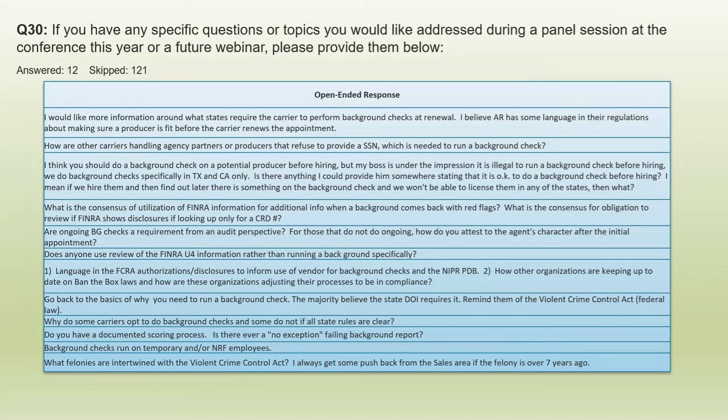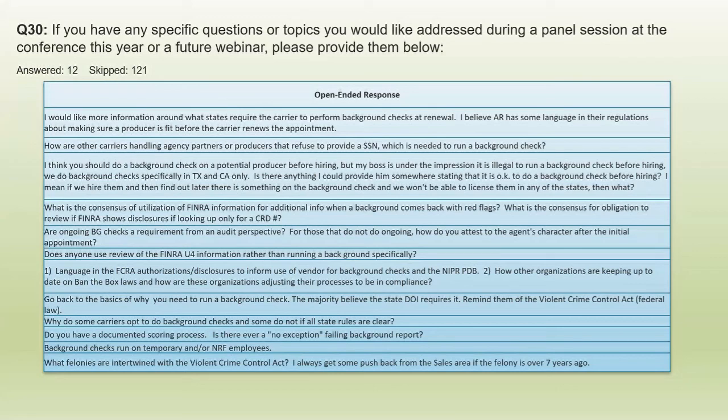But these are all questions that when they're provided to us, we try to take them into account, whether it be in a webinar, or an open Q&A webinar with the group, or one of our monthly calls, or one of the sessions in the fall this year, assuming we all get a chance to travel by that time.